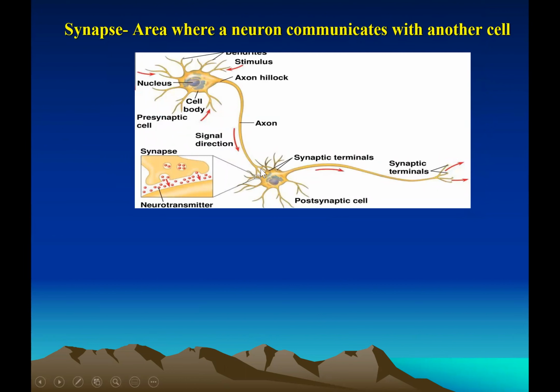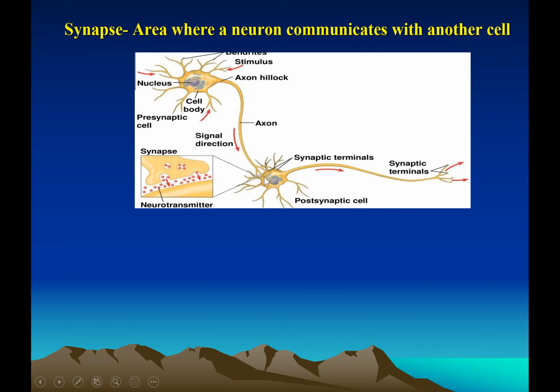So as I told you, here one neuron is synapsing with another neuron. So the neuron that is before the synapse, or the neuron that is sending the message, is called the presynaptic cell. And then there is the synaptic cleft. They are not touching each other. There is a gap here. And the cell that is receiving the message is called the postsynaptic cell.